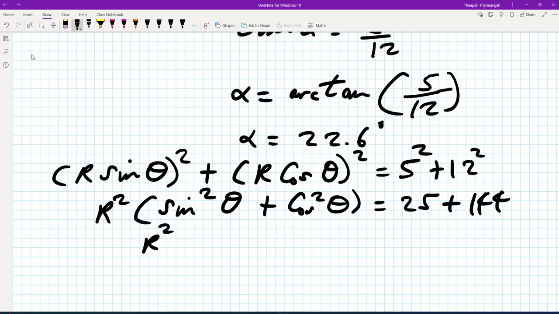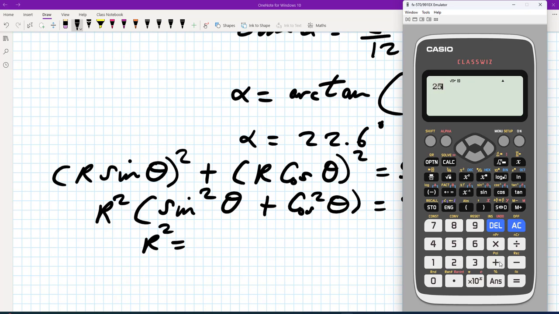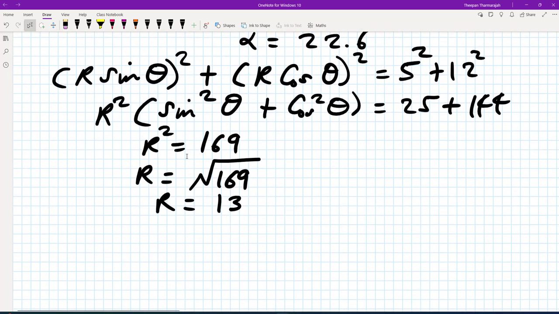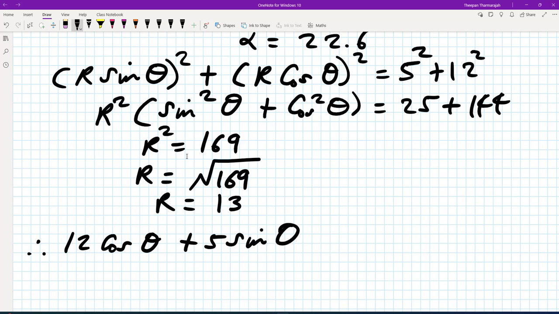So we just get r squared by itself, because sine squared theta plus cos squared theta is 1. 25 plus 144 is 169. Square root that, so we get 13. So r is 13.